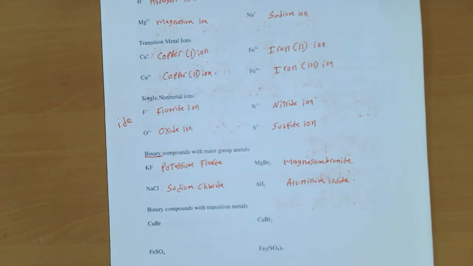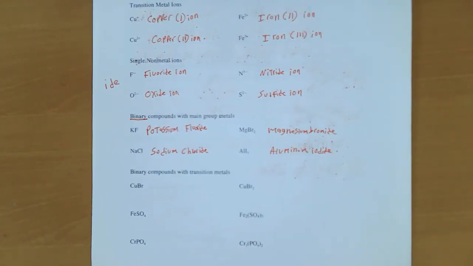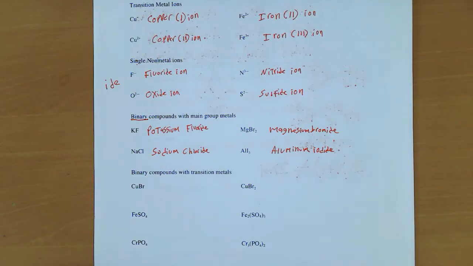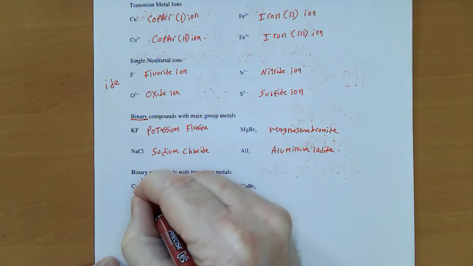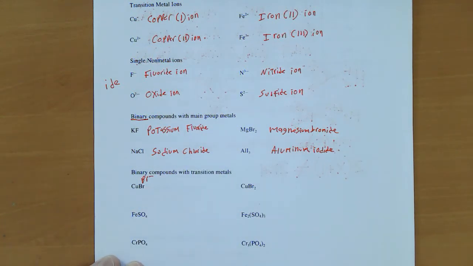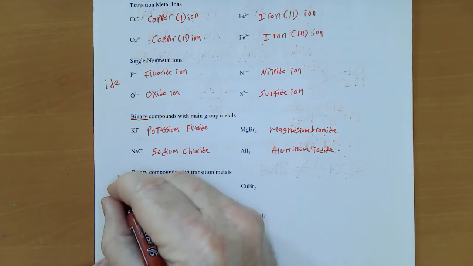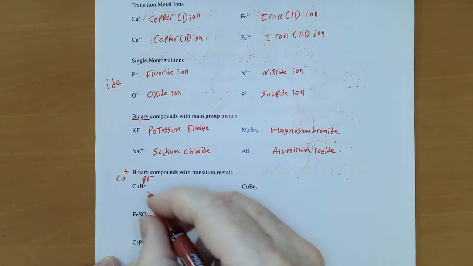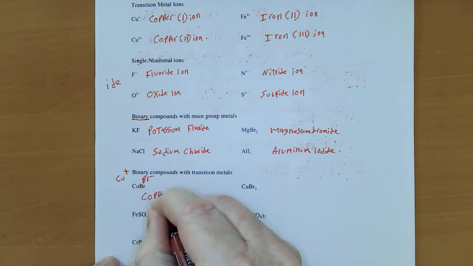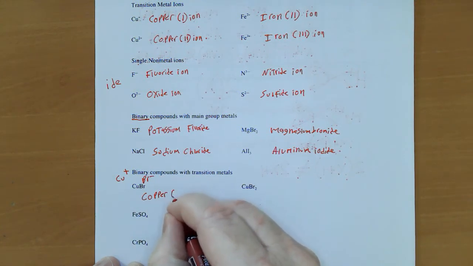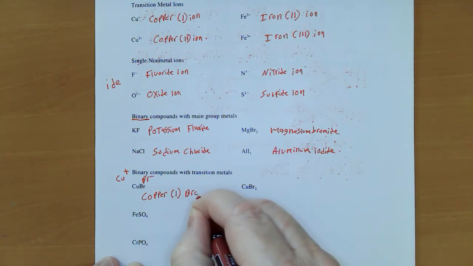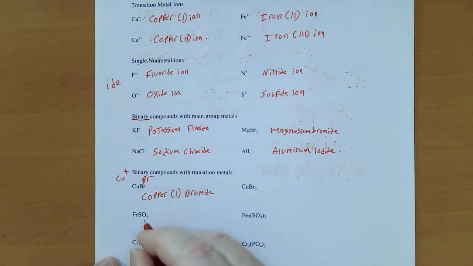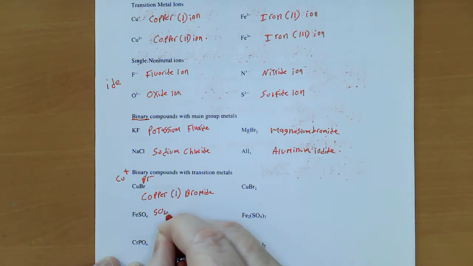Okay. Now, when you have transition metals, we do need to indicate the charges. So we have to do a little bit of detective work here. This is a Br-. We know that from the periodic table. That means this must be a copper with a +1. So the name here is copper 1 bromide. We know our polyatomics. We've been working on those flashcards. So that's SO4 2-.